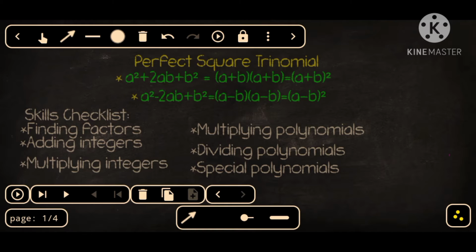If a polynomial is in this form, then we will use the factors (a plus b) squared or (a minus b) squared. It will be emphasized later, but this time, before we start our examples, you need to have the necessary skills to understand the new technique in factoring polynomials.